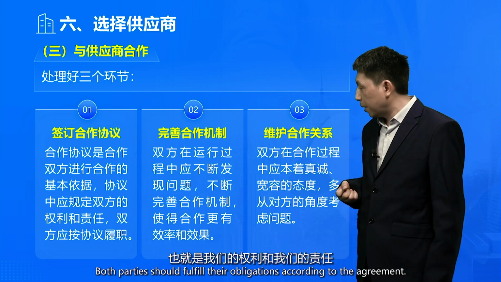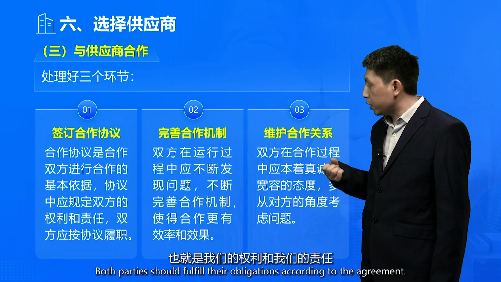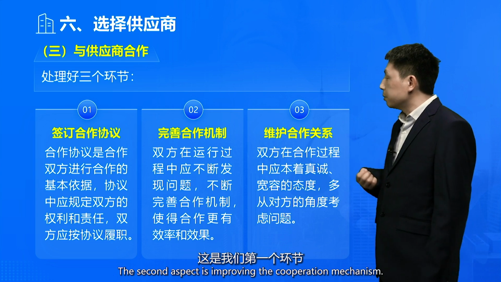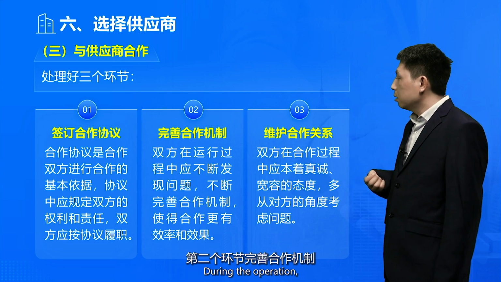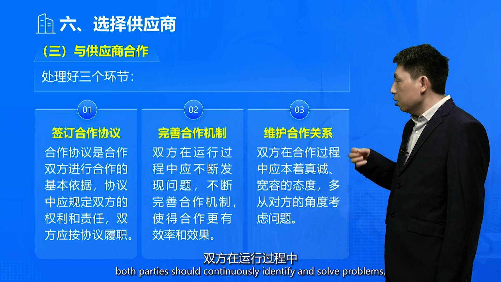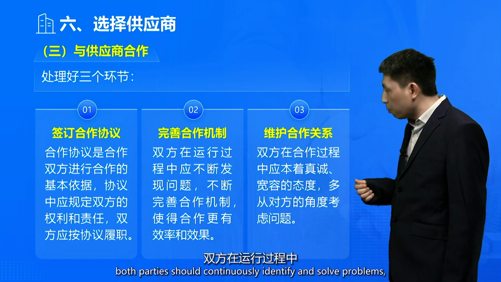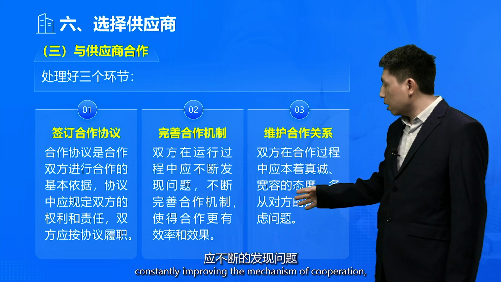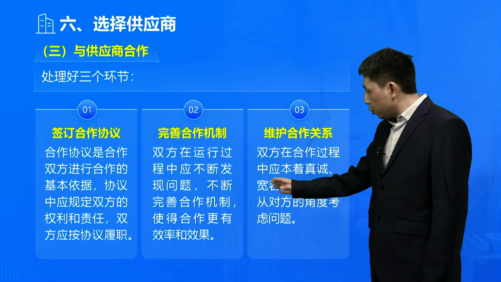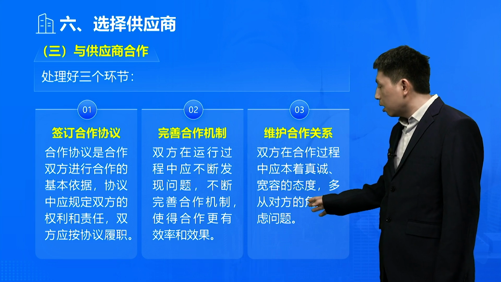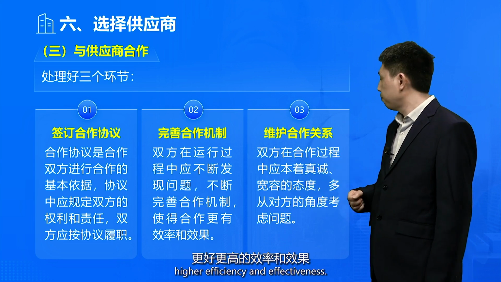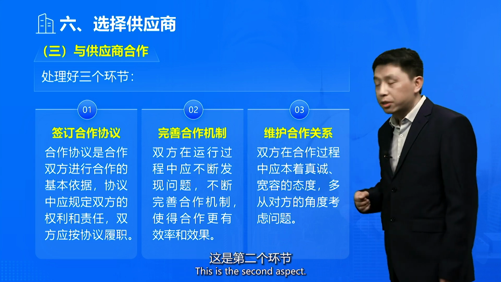Both parties should fulfill their obligations according to the agreement. This is the first aspect. The second aspect is improving the cooperation mechanism. During the operation, both parties should continuously identify and solve problems, constantly improving the mechanism of cooperation to ensure that our collaboration can achieve better and higher efficiency and effectiveness. This is the second aspect.